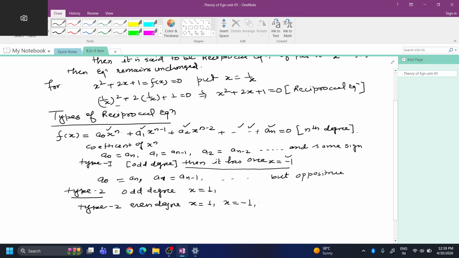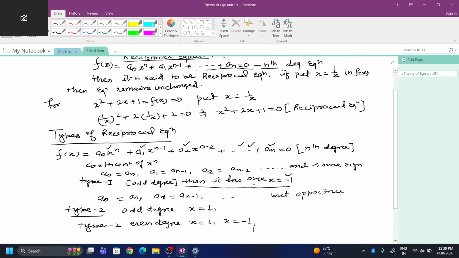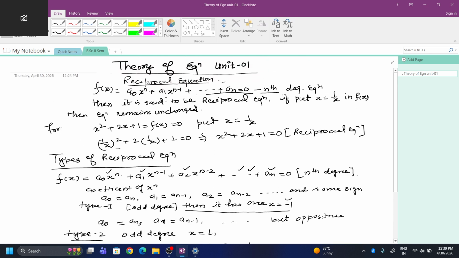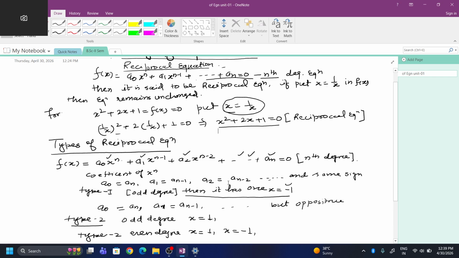So now again I repeat, what is a reciprocal equation? A reciprocal equation is an equation in which we substitute x = 1/x and the equation remains unchanged. There is no change in the equation. Then such an equation is called a reciprocal equation.